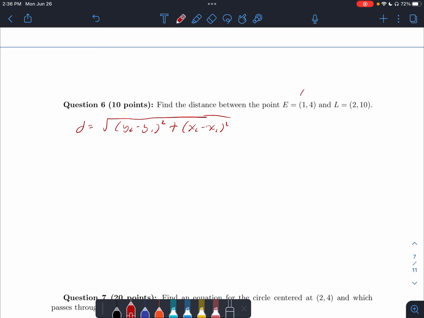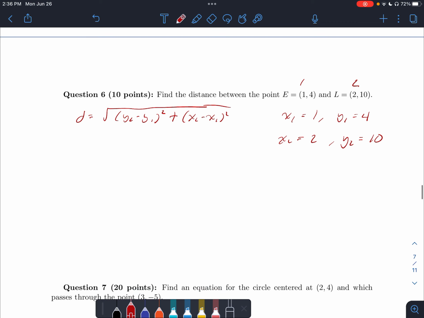Okay, so if we say this is point 1 and this is point 2, again, it doesn't matter which one is point 1 and which is point 2. You just have to be consistent with your x and y values. If we say that E is point 1 and L is point 2, that means x1 is going to be 1 and y1 is going to be 4. Then we'll have x2 is equal to 2, and we'll have y2 is equal to 10.